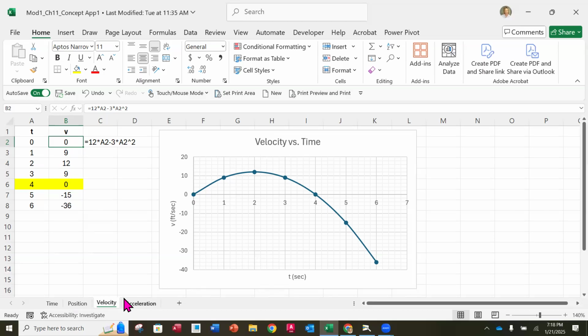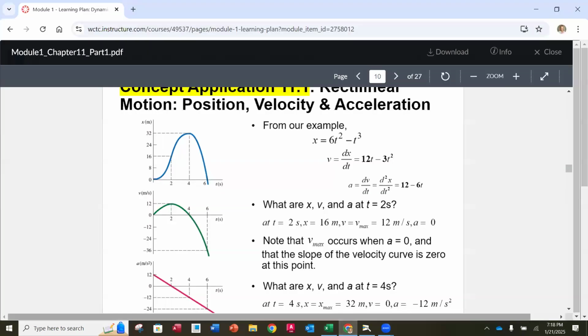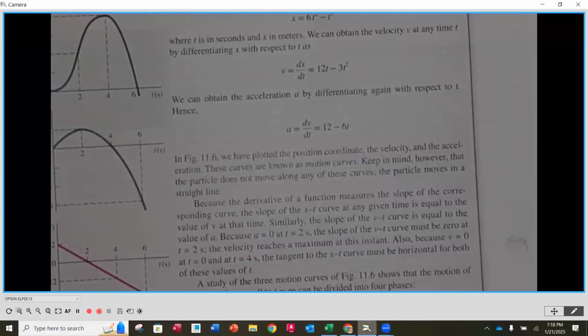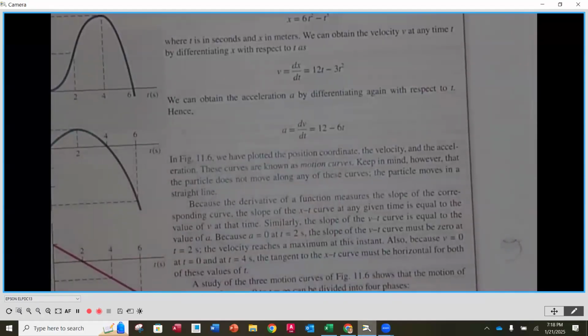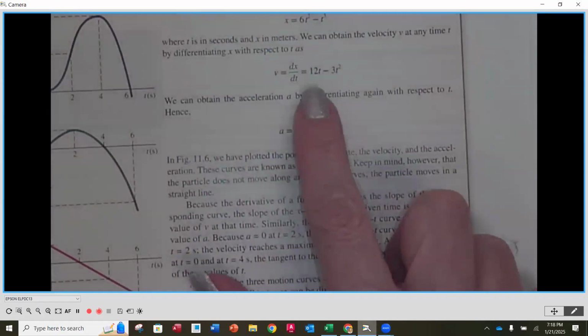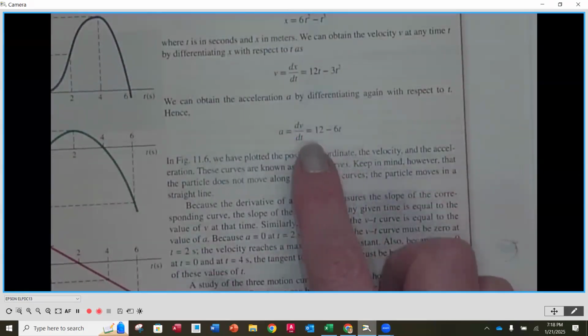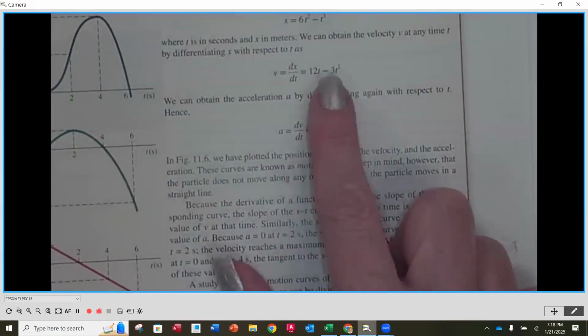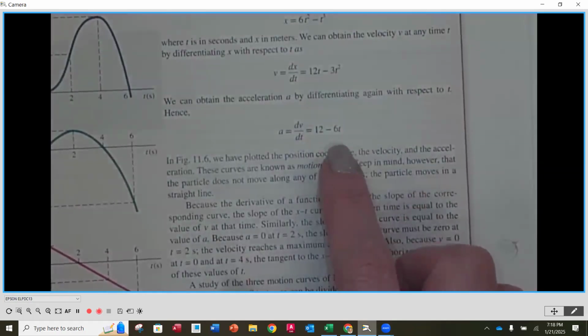So then our next one is looking at the acceleration. Now, the acceleration is going to be the derivative of the velocity equation. So now we start with the 12t. The derivative of that is just going to be 12 minus 3t squared. So we're going to have 6t.